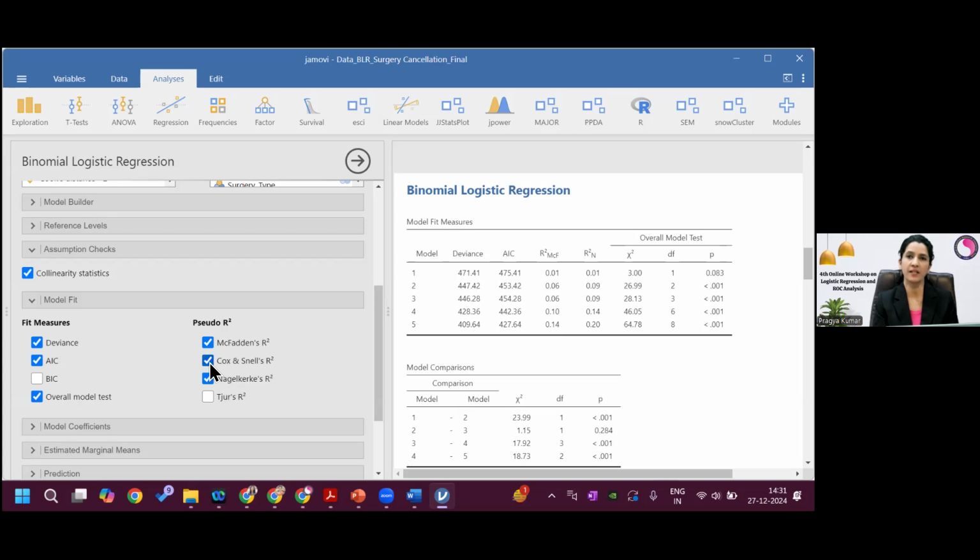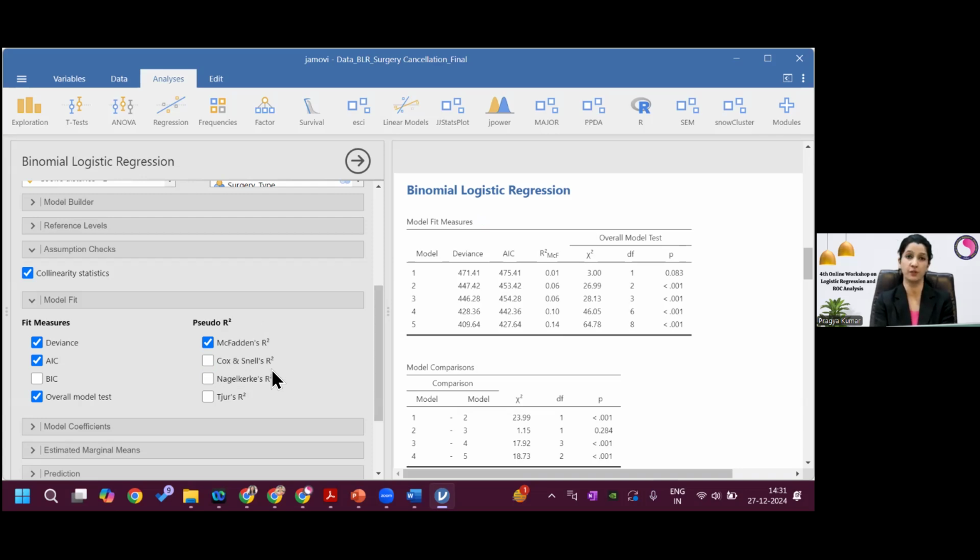So it's better to report only McFadden. Generally, if you see the Jamovi module, they also suggest McFadden. We may share one article with you where they suggest using McFadden over Nagelkerke and Cox and Snell. So yes, you may choose to report one.